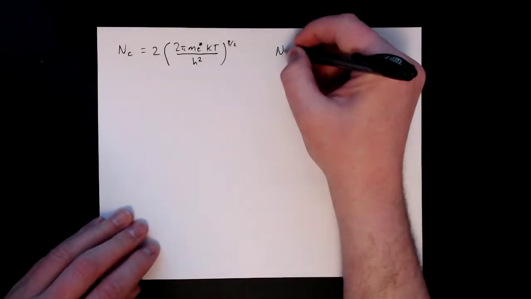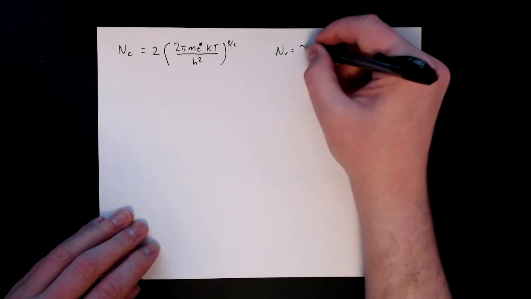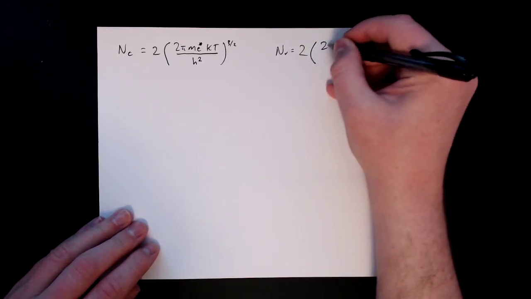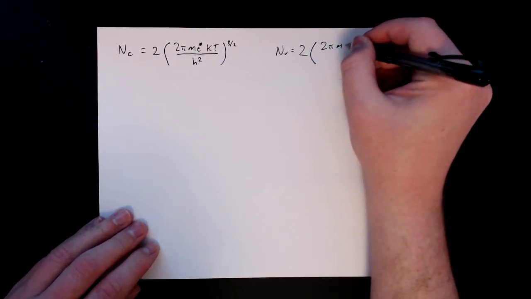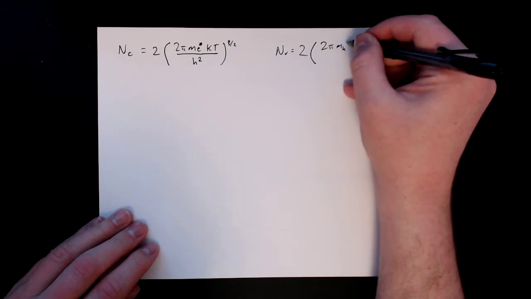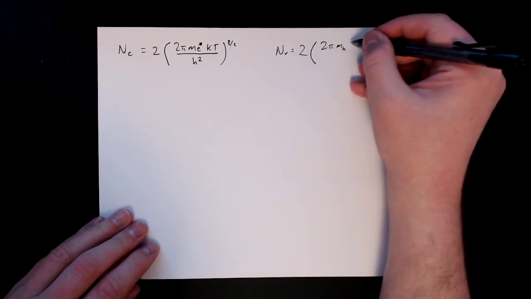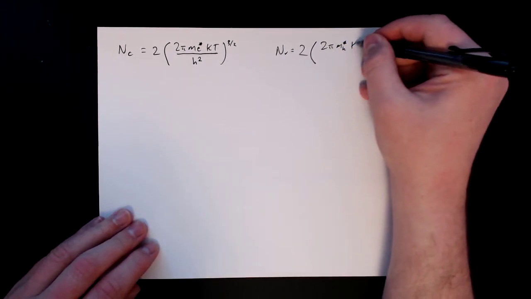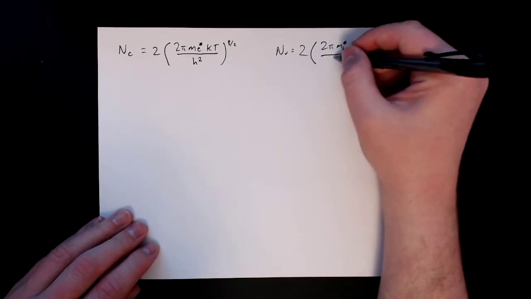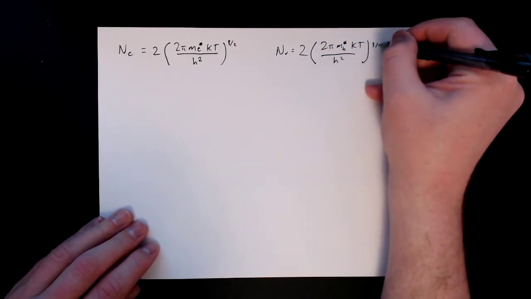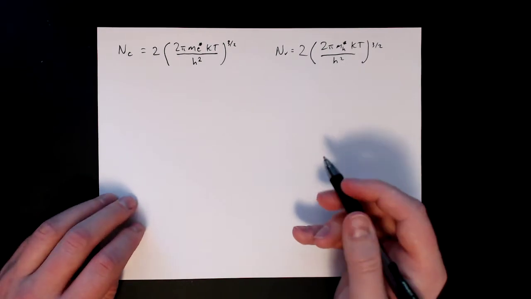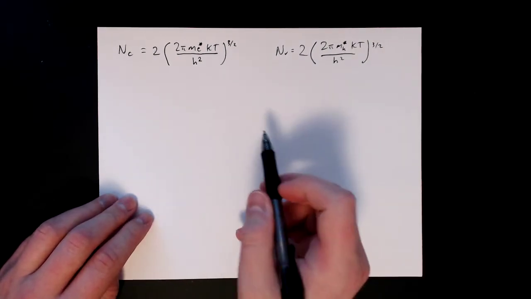And then we have a similar expression for the valence band, with mh star instead of me star, times kT over h squared again, to the 3/2. So let's go over the new terms that we're talking about here.